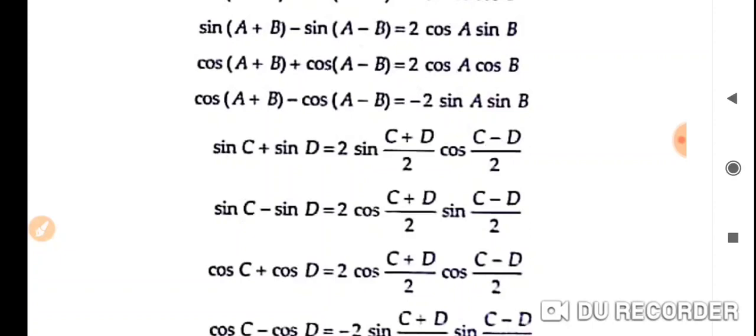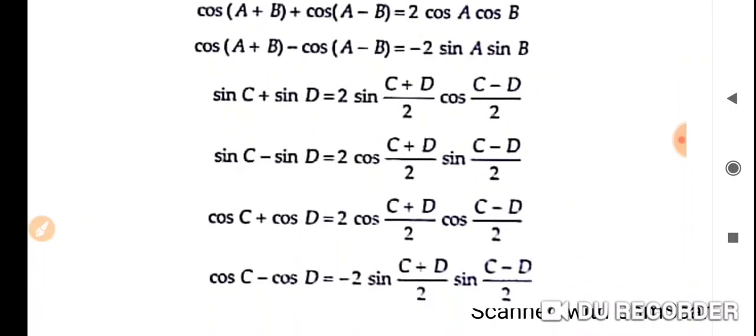Sin C minus sin D is equal to 2 cos((C+D)/2) sin((C−D)/2). Cos C plus cos D equals 2 cos((C+D)/2) cos((C−D)/2). And cos C minus cos D equals minus 2 sin((C+D)/2) sin((C−D)/2).